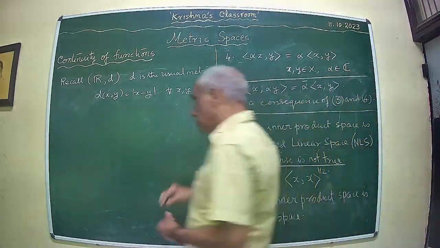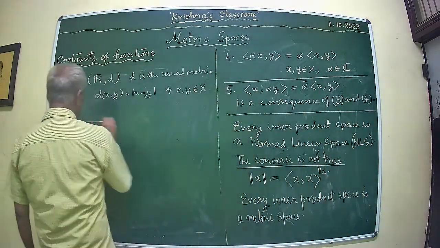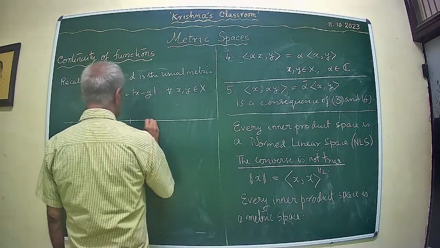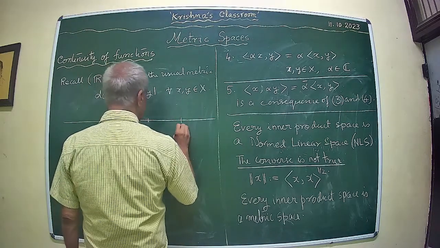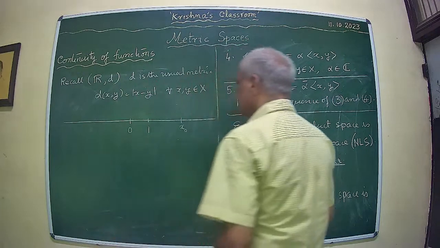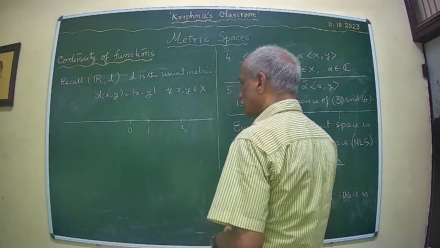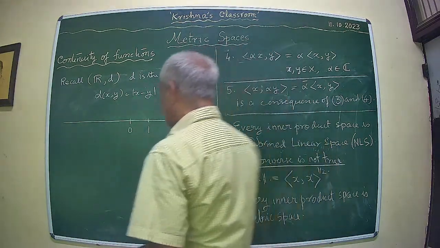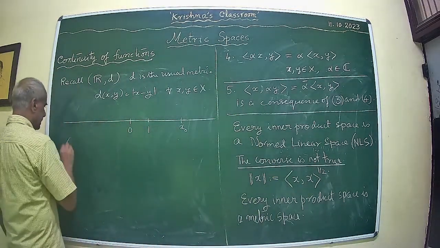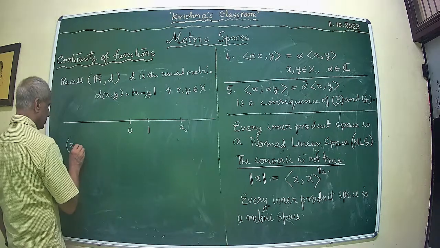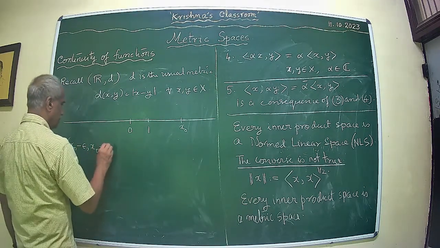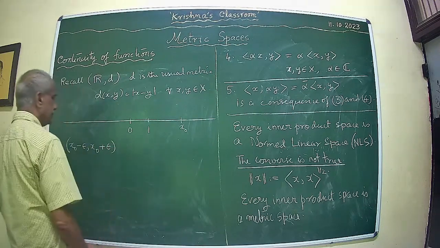Now, on the real line, choose an x naught. So you mark out the interval, for epsilon positive.